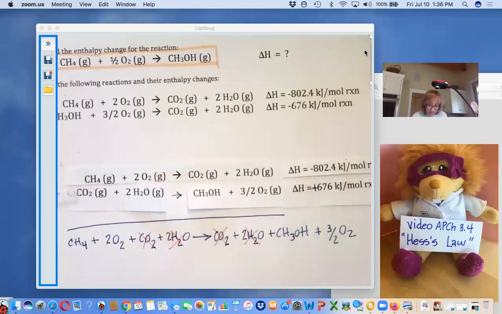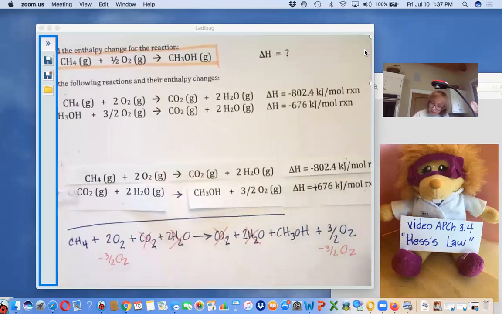Lastly, I see that I have oxygen on the reactant side and on the product side, but not in the same amounts. Here I have 2 full moles of O2, and here I have 1.5 moles of O2. If I subtract 1.5 moles from both sides, do you see how these are gone?